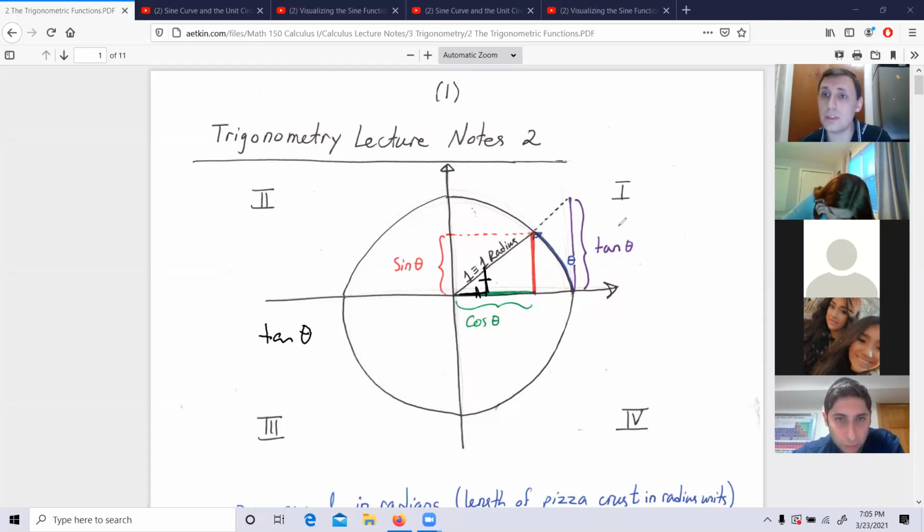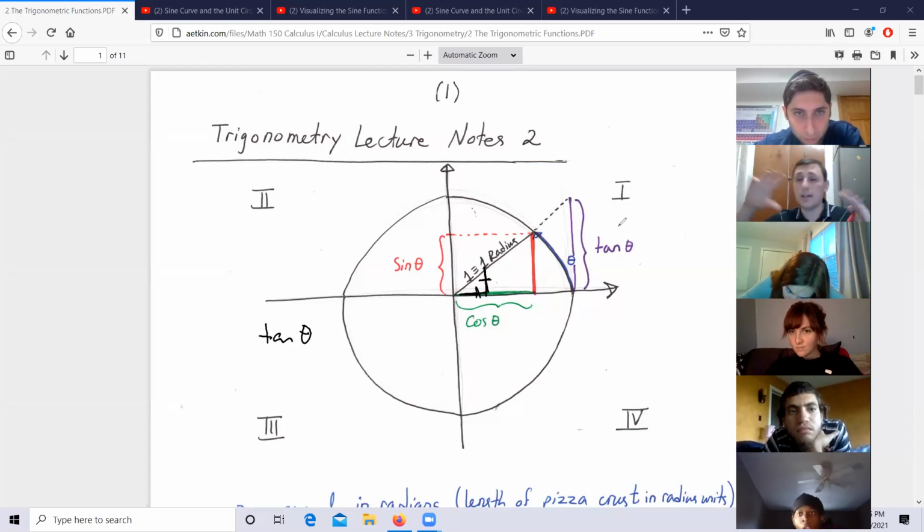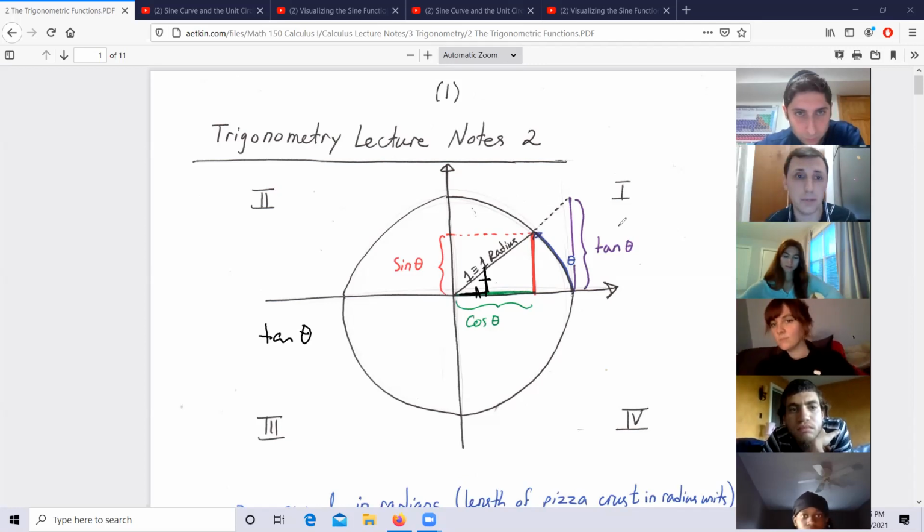I hope you understand similarity, guys. Similarity means proportion. The opposite to the adjacent of the small triangle, because it has the same angles, is the same as the ratio of bigger or smaller triangles. Scale remains the same. Do you agree?